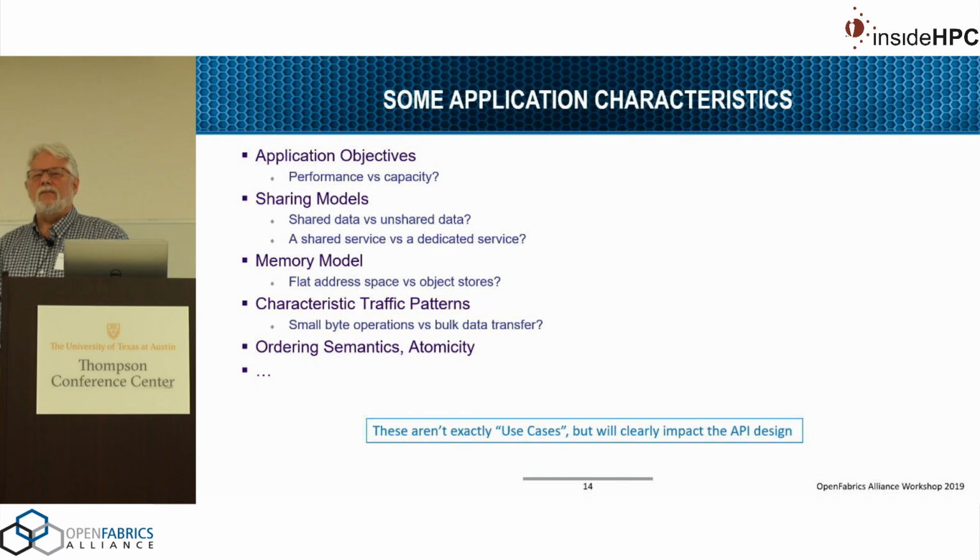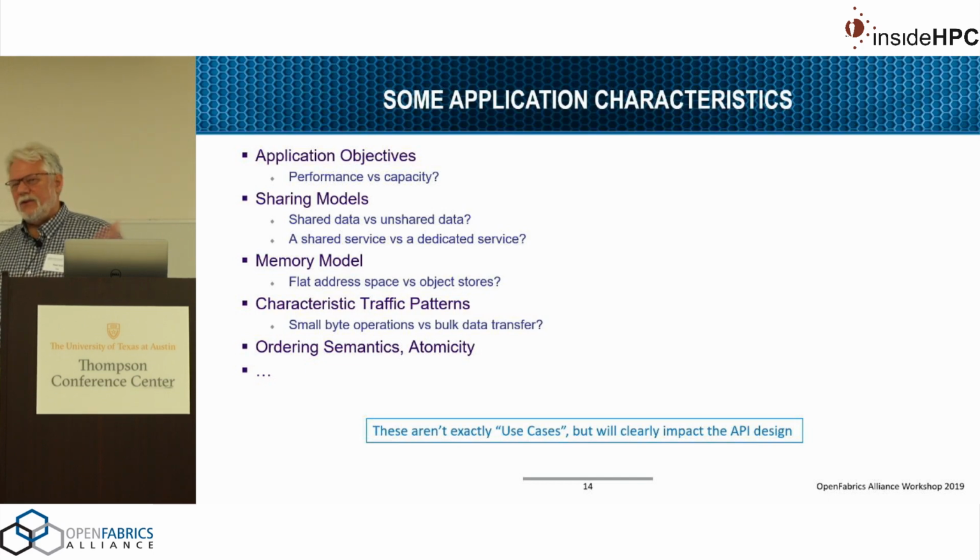I don't really treat it much in these slides at all, but I think it's something we're going to want to talk about. If you're using persistent memory to implement a flat memory model in a target memory node somewhere, that says one thing about what the APIs would look like. On the other hand, if you're building an object store with a persistent memory front end, let's say, or even a back end, that's going to say something very different about what the API is going to look like.